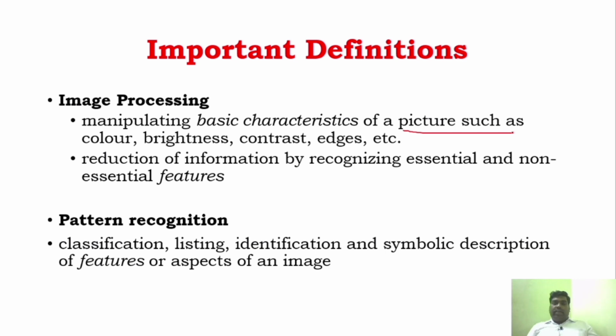Pattern recognition is how you classify that particular image, what you identify from it: classification, identification, symbolic description of features or aspects of an image. What you study from that image is called pattern recognition. You have to know the basic differences. All these are important definitions in digital image processing.